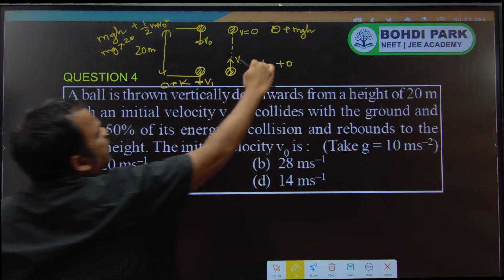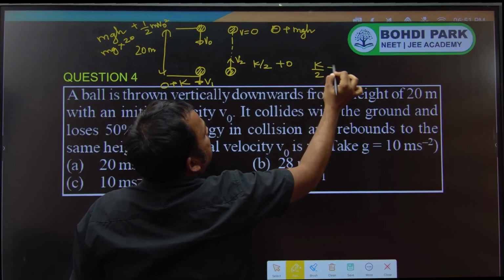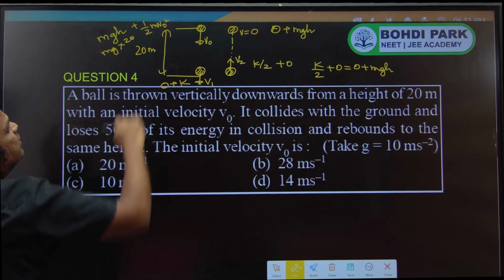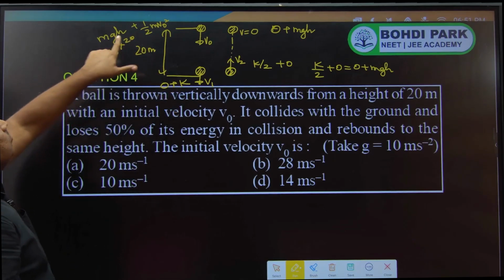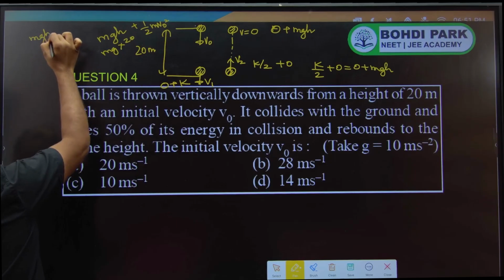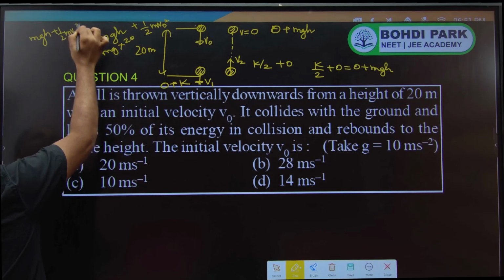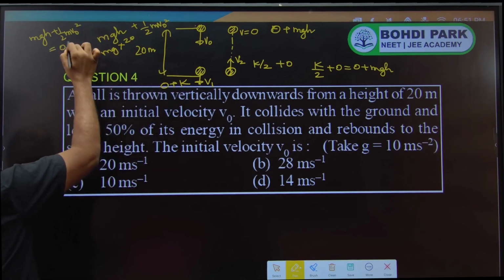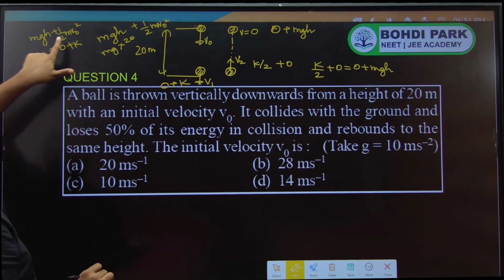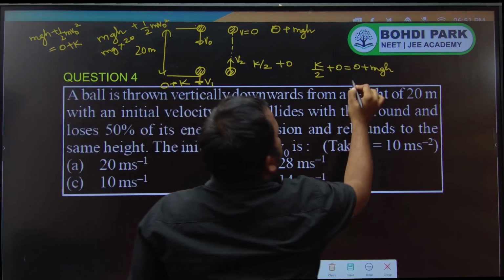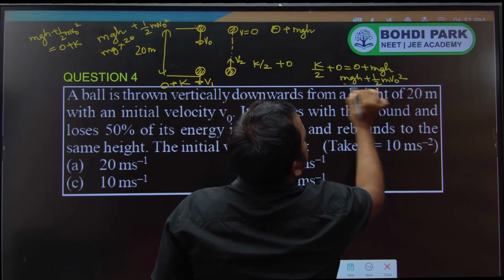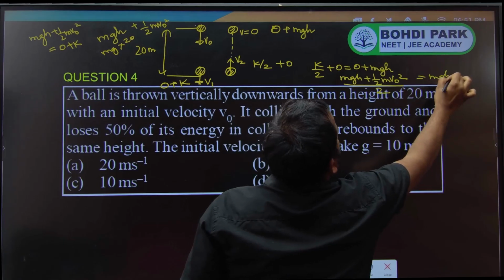So we equate K by 2 plus 0 equal to 0 plus mgh. We find this K value from the first part: mgh plus half m v naught square is equal to 0 plus K. So K is mgh plus half m v naught square. Then mgh plus half m v naught square, divided by 2, is equal to mgh.